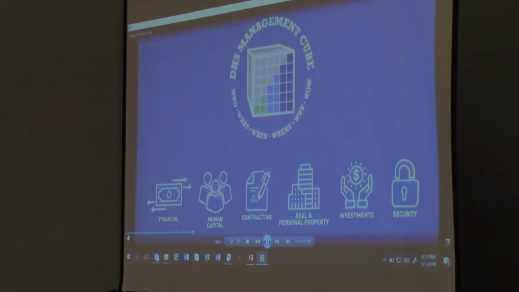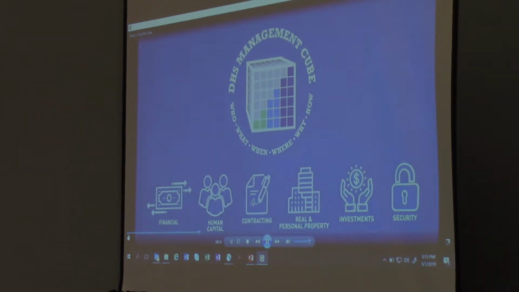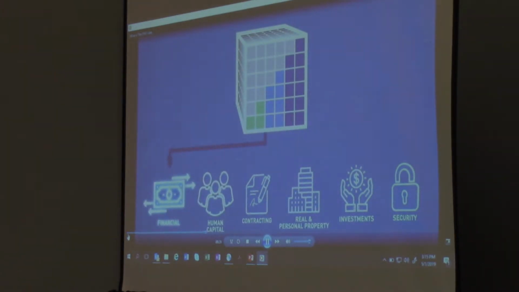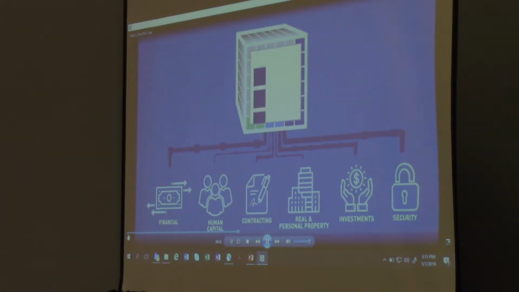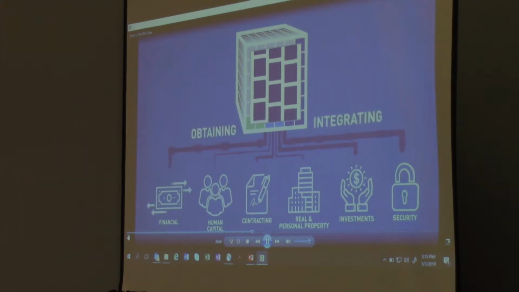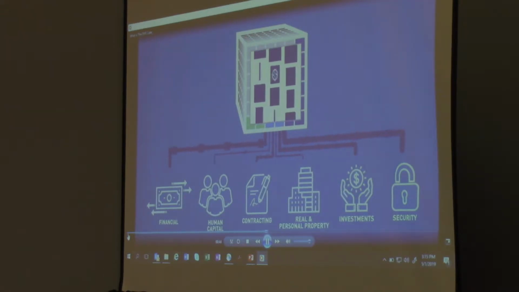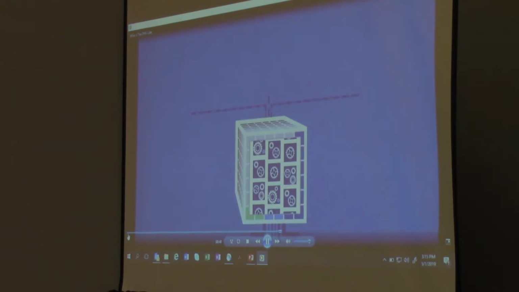The Cube works in partnership with system managers to connect the dots between financial, human capital, contracting, real and personal property, investments, program, and security data, all harmonized on one centralized IT platform. By simplifying the process of obtaining and integrating critical data that spans these business functions, the Cube enhances the quality and efficiency of your DHS analysis and reporting.